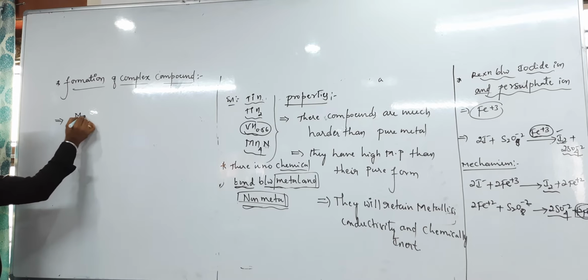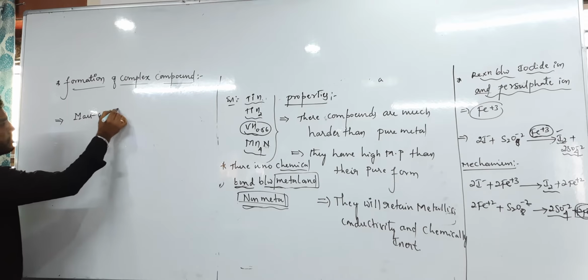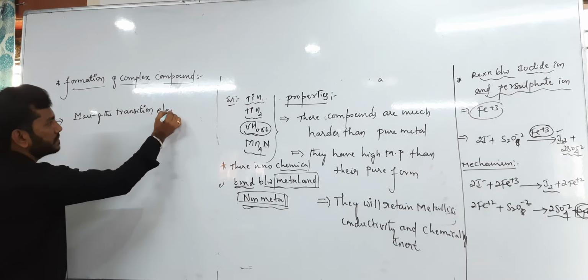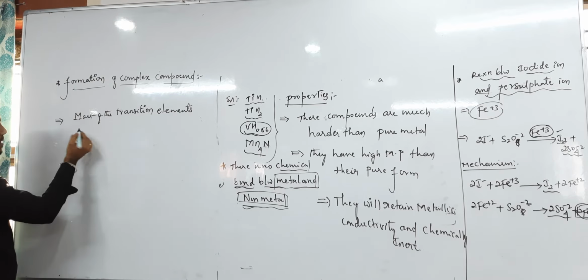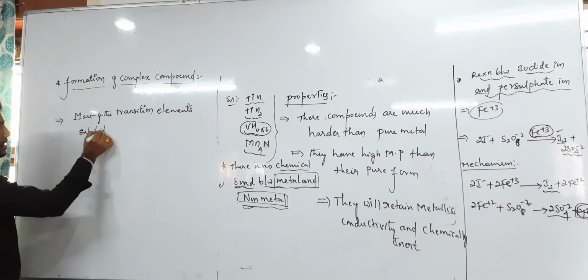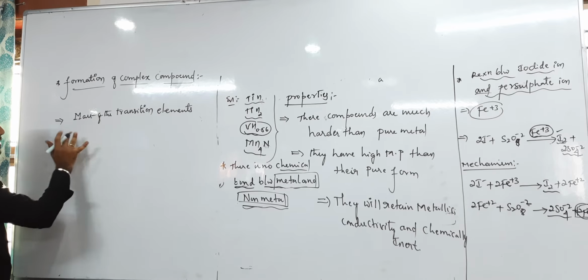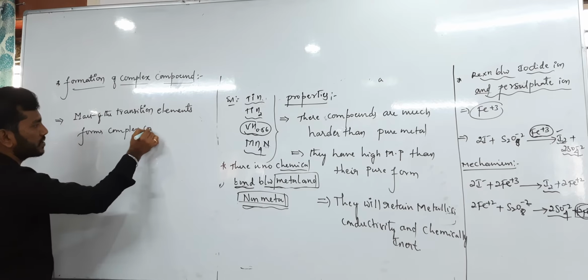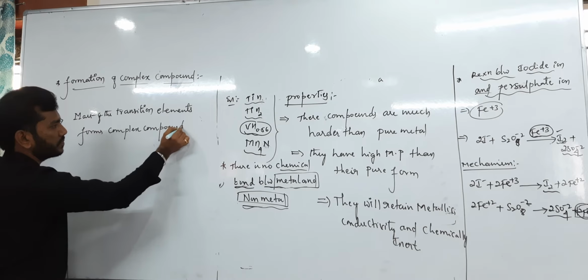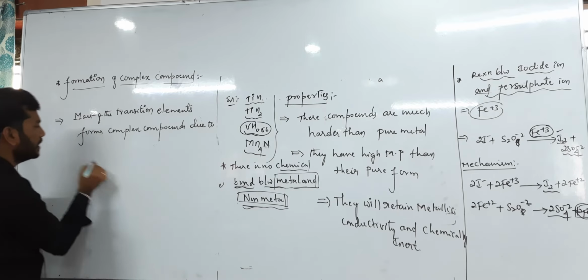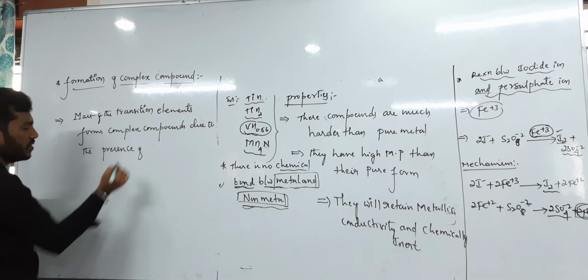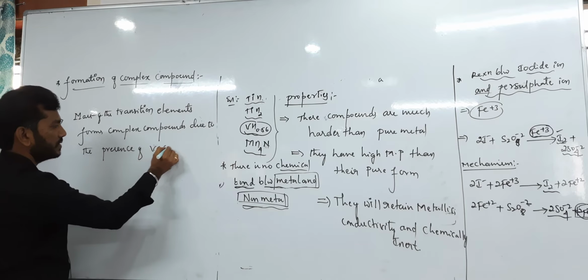Most of the transition elements form complex compounds due to the presence of vacant d orbitals.